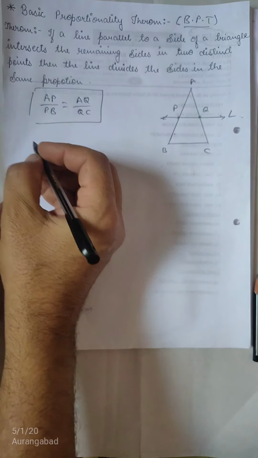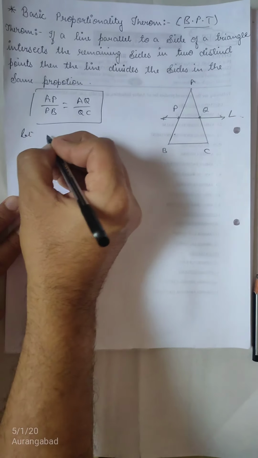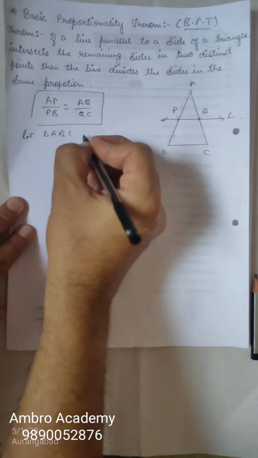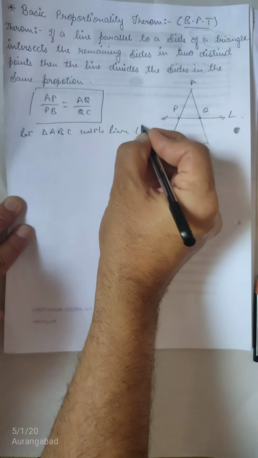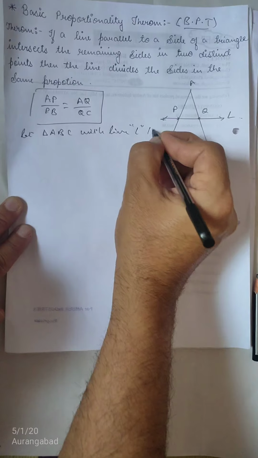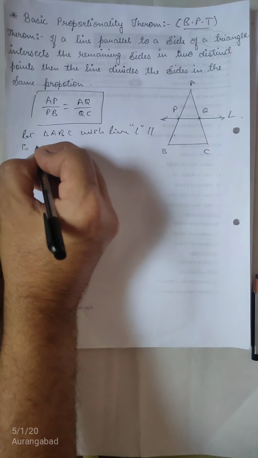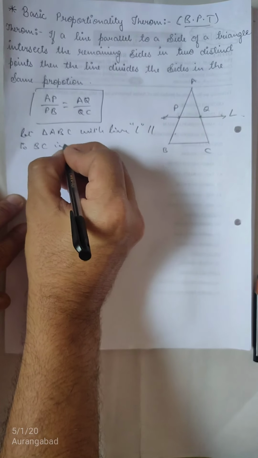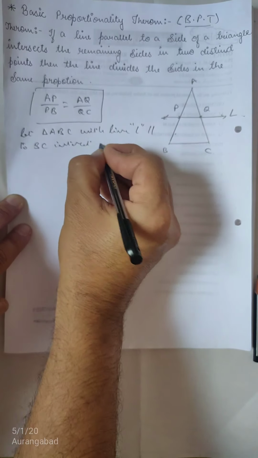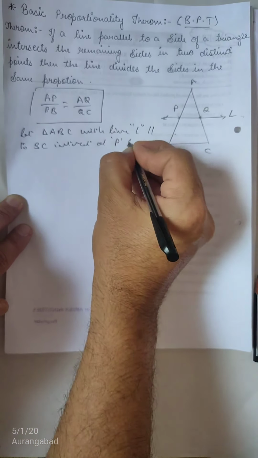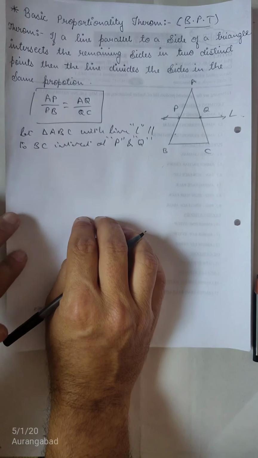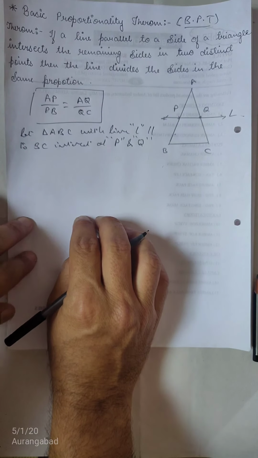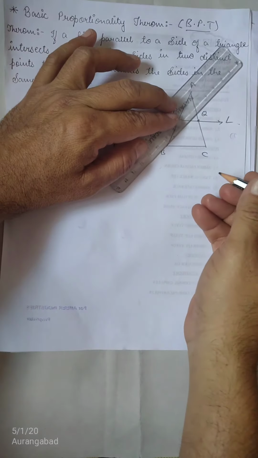Let us have a triangle ABC, with line L parallel to BC, intersecting at two points, P and Q. Now to start solving this problem, we need to construct a few things.